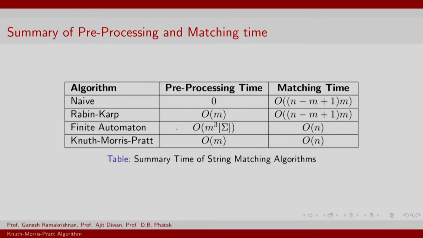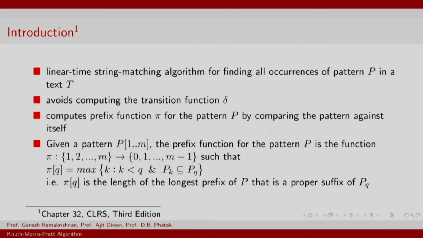We are going to leverage the construction of the finite automaton, getting rid of what was unnecessary in the finite automaton, removing unnecessary baggage, and leverage the delta function to reduce the pre-processing time to order m while still maintaining order n matching time. So this is the story.